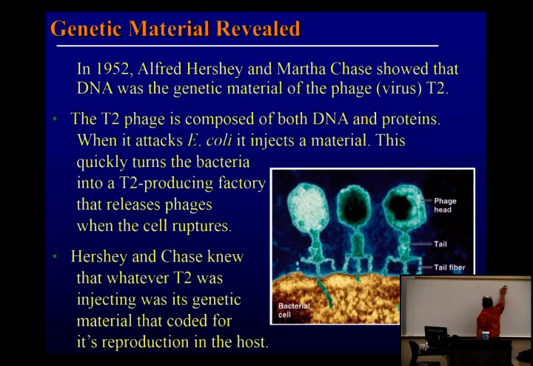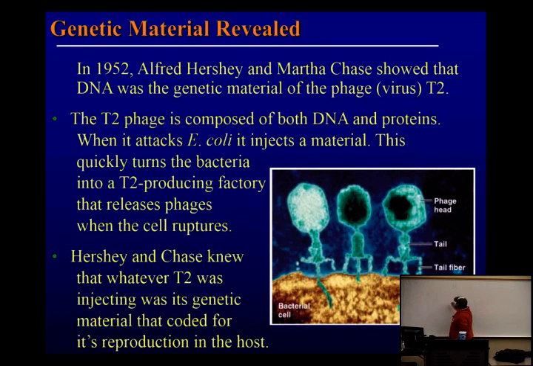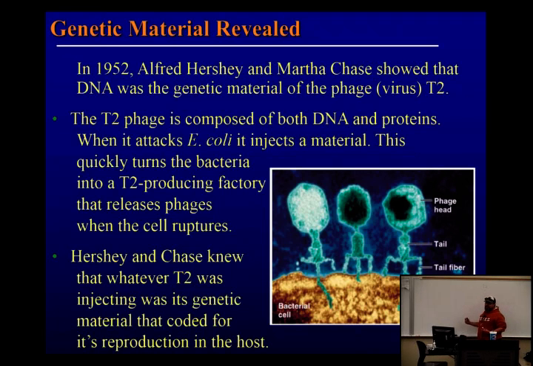So they took one of these called T2, and viruses are real specific for the host that they infect. So these T phages, and phage is a fancy word for virus, T phages infect E. coli. So we have an E. coli sitting around minding its own business, right, in your colon or wherever. This virus comes along, and it looks like a little spaceship.